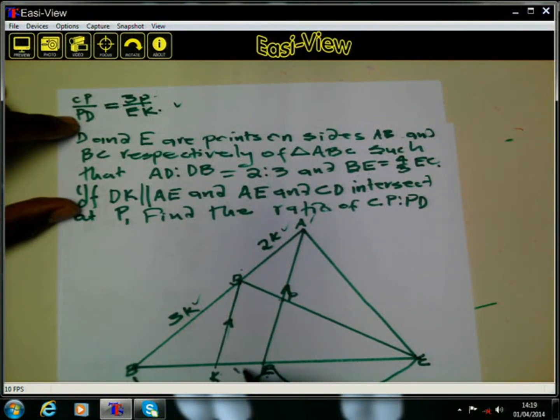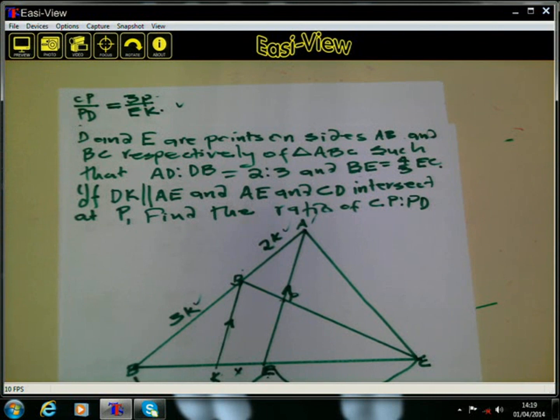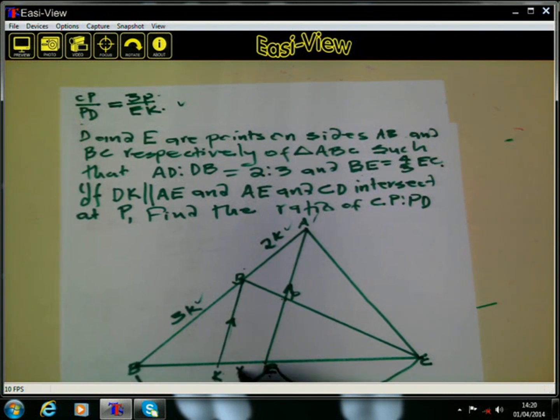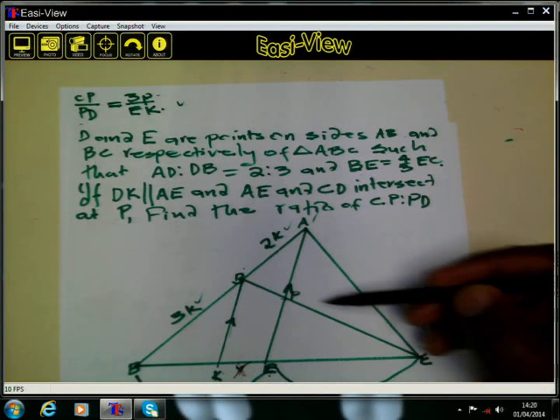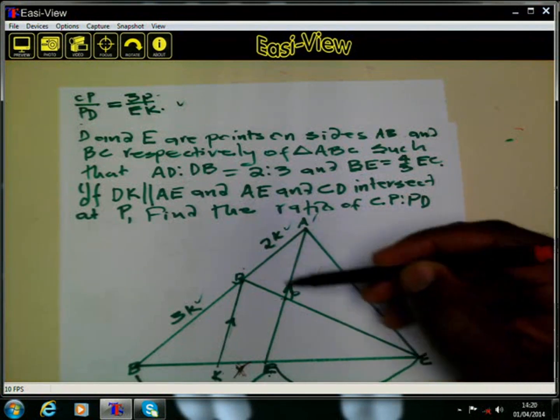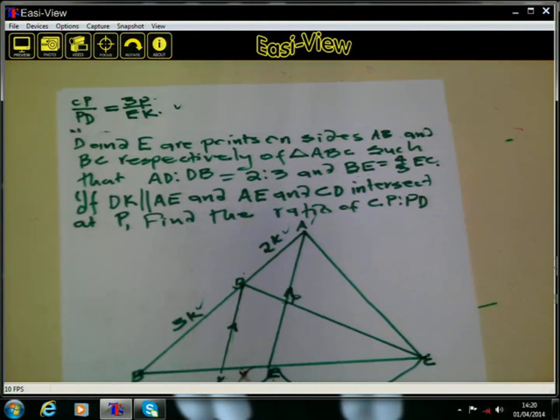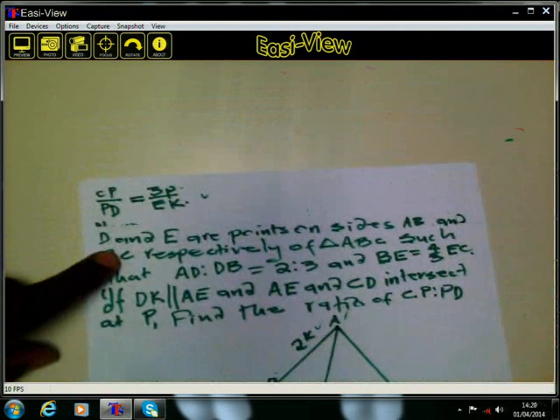Remember, we don't have the magnitude of EK or KE, but this one we have. So our unknowns would be the magnitude of this side, that side, and that side. And this is how I've written it.